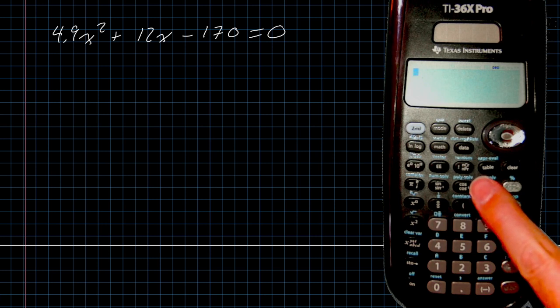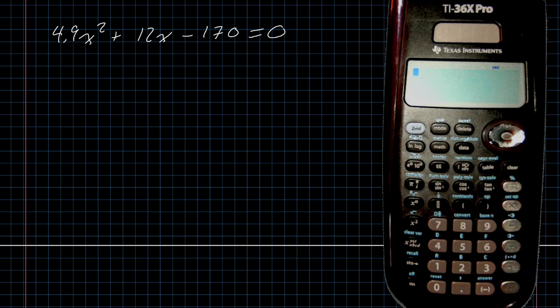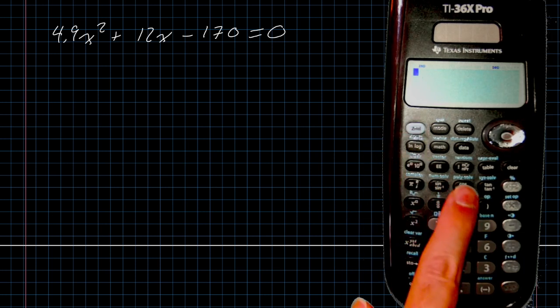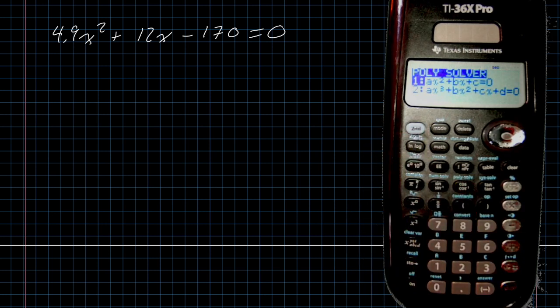You might notice above the cosine button on this calculator, it says PolySolve. And if I go to PolySolve, it gives me this menu. The first option there says ax squared plus bx plus c equals 0.